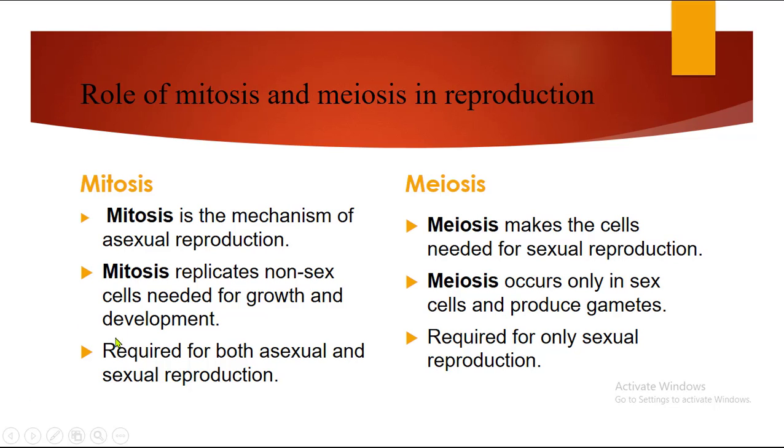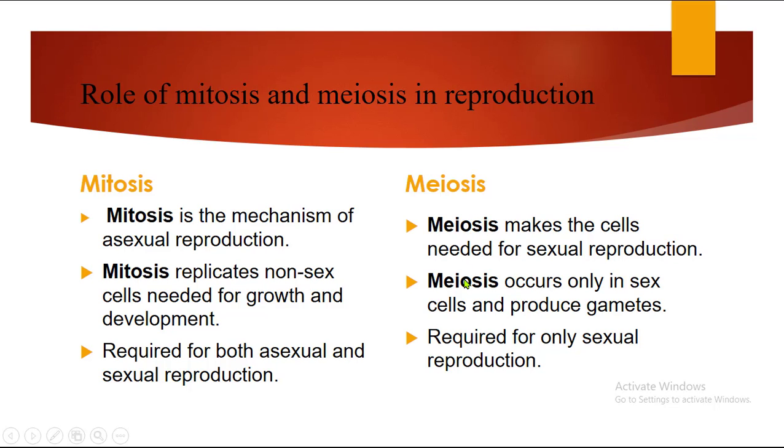So the process of mitosis is required for both asexual and sexual reproduction, but the process of meiosis is required only for sexual reproduction. Through these differences you have an idea of the role of mitosis and meiosis.